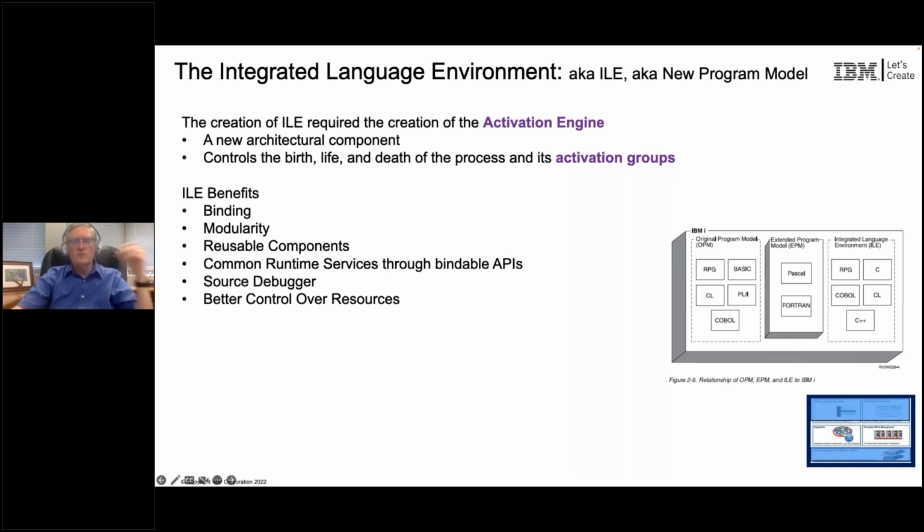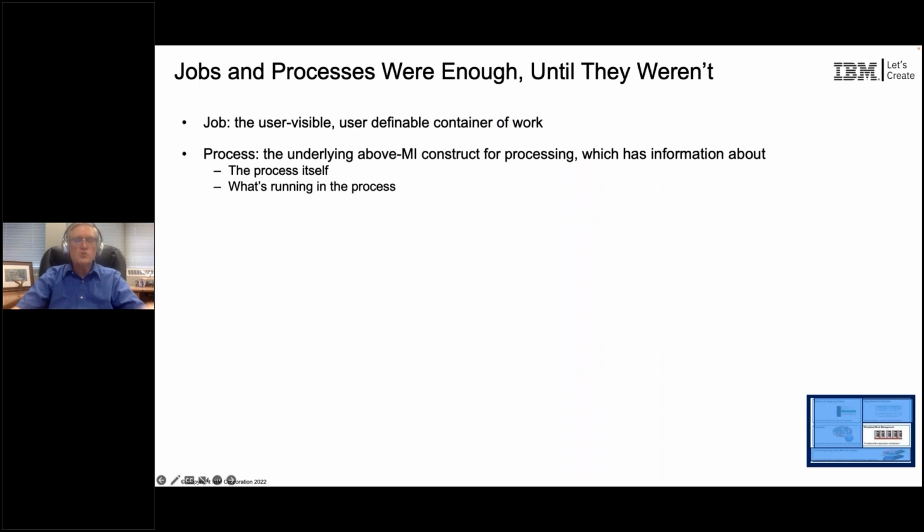It also made it possible for people to create and use modules which are reusable, easier to debug, easier to add to in every way that it is on every other platform. But we had to create an architecture on IBM i that would allow us to do that. So that was part of the evolution that had to happen to allow us to move into today's modern modular programming environment.